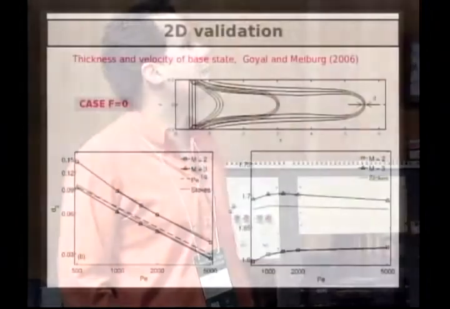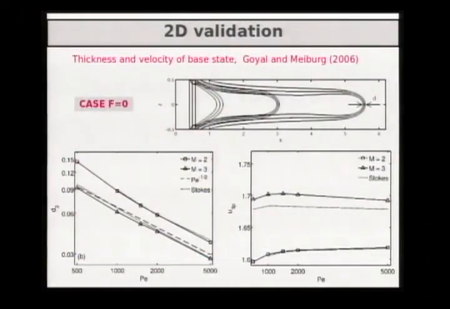So to validate the implementation of this code, we advance this base state in time and calculate its front thickness, d. After a transient regime, it obtains a quasi-steady value that is plotted here against the Peclet number for 2 different values of the viscosity ratio.